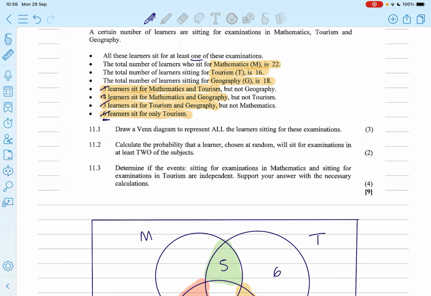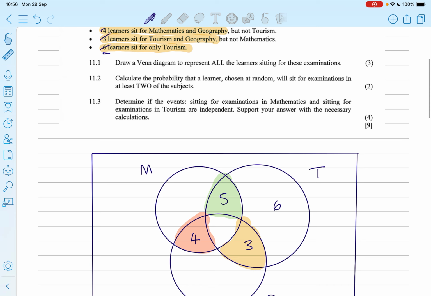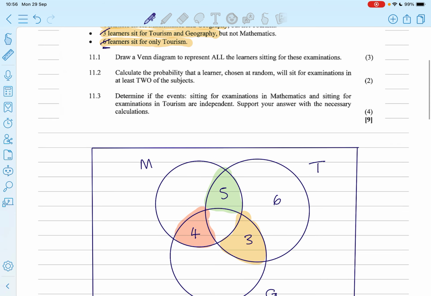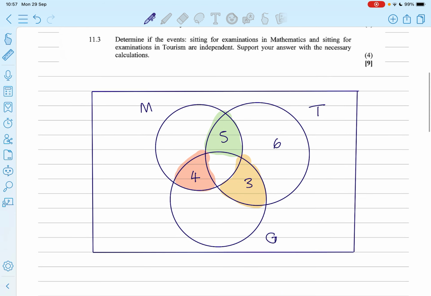Nice. Now let's move on to the totals for each section. Which one has the most information that we can deal with? We can start with tourism because that's the circle with the most information.